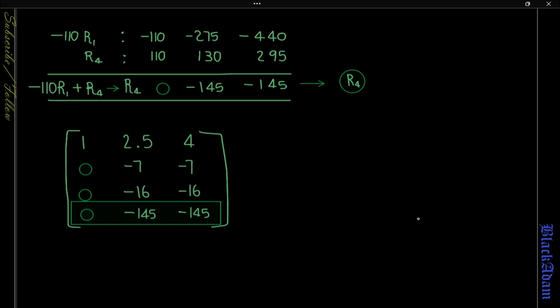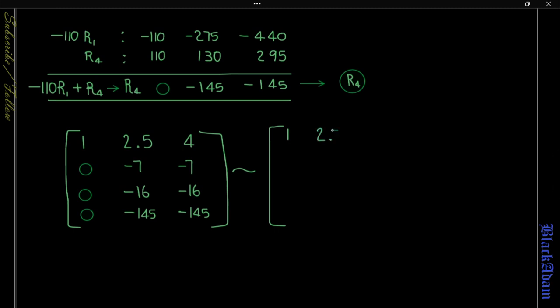So our matrix is further reduced to 1, 2.5, and 4, and then we have 0, 1, 1, and we also have 0, 1, 1, and then we also have 0, 1, 1.